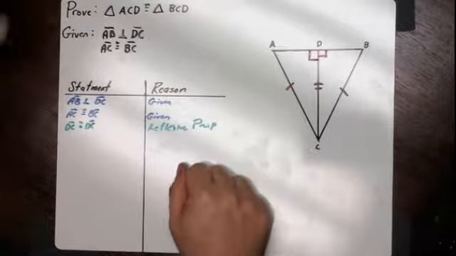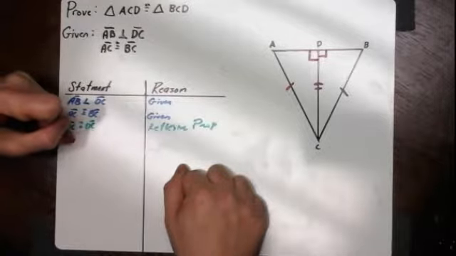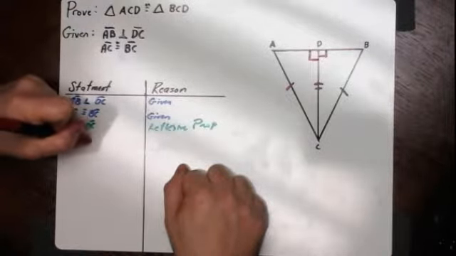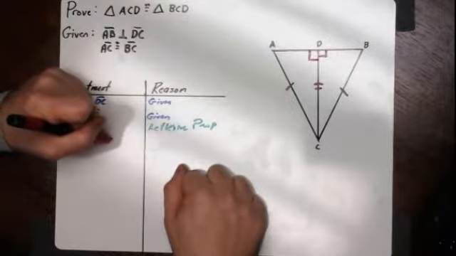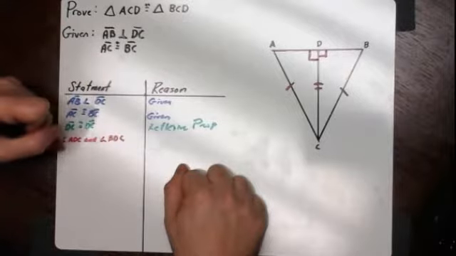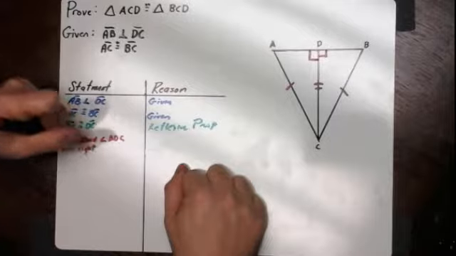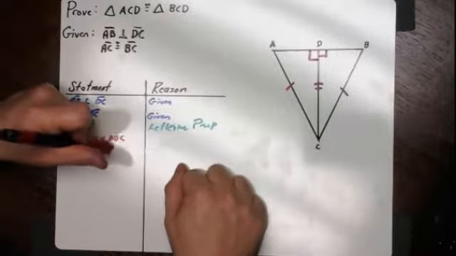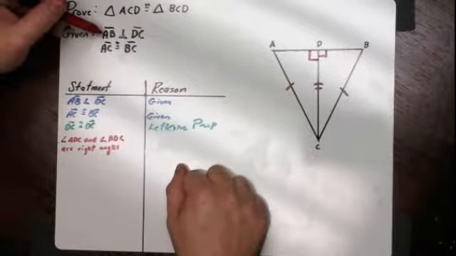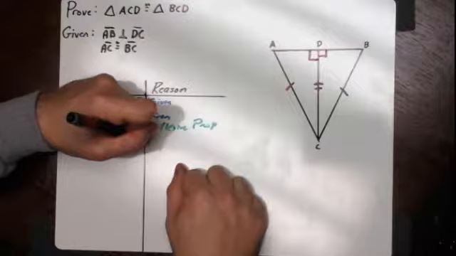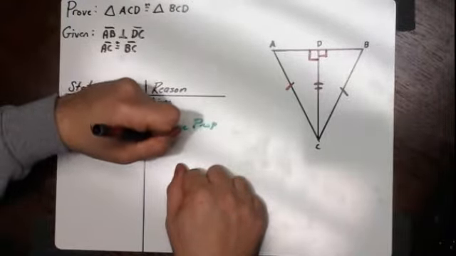So what I'm going to say is that angle ADC and angle BDC are right angles. And that is a result of this: I know that because AB is perpendicular to DC.